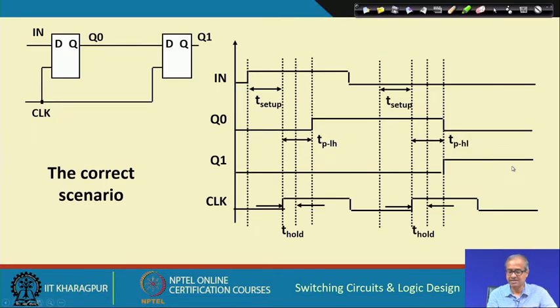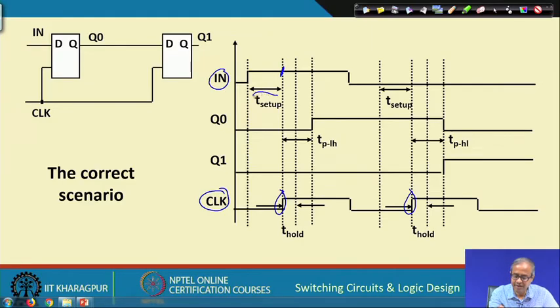Now, let us show a scenario. This is the correct scenario, where all the timing constraints are met. Let us see, this is my clock signal, this is my first edge, this is my second edge. So, I am applying some input value here. When the clock edge comes, it is here.